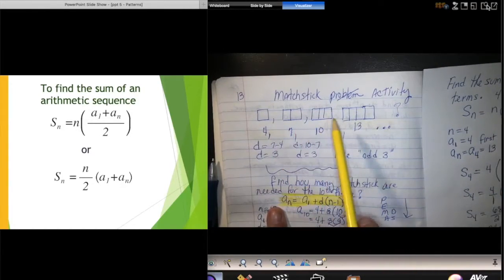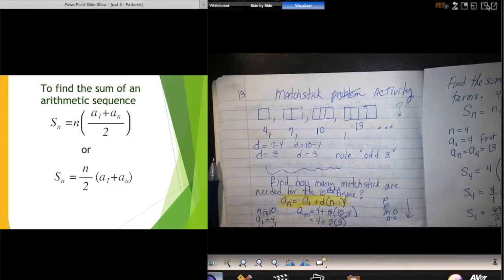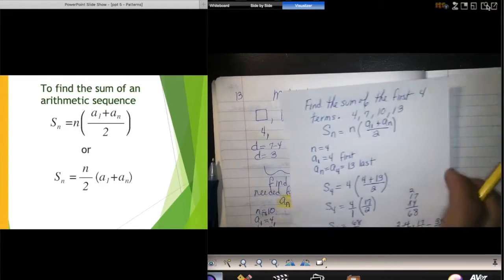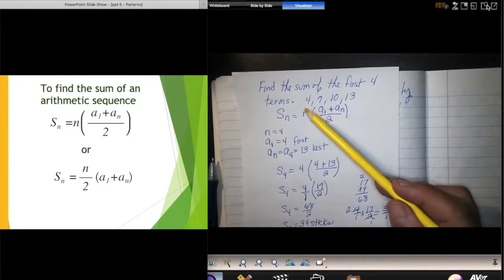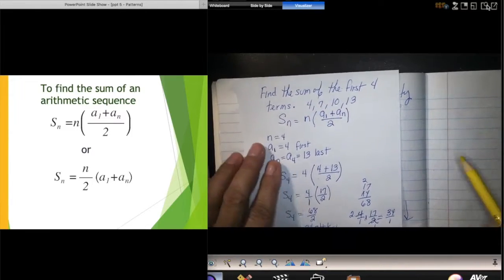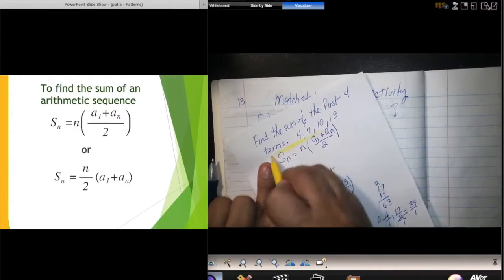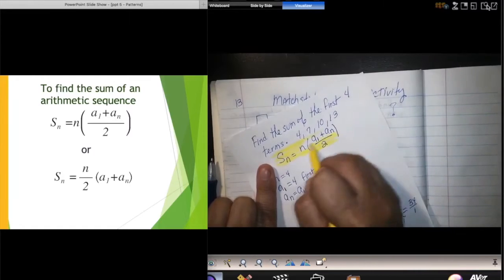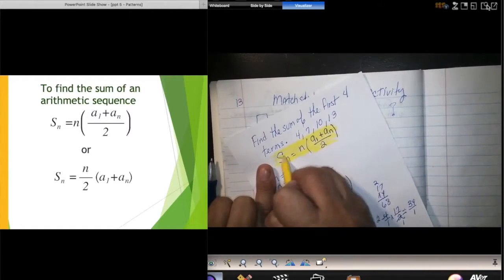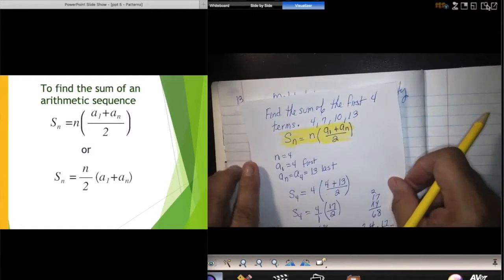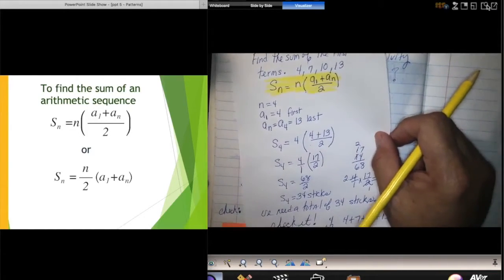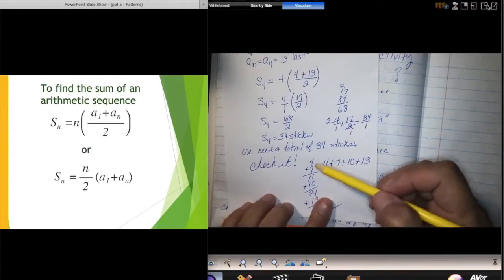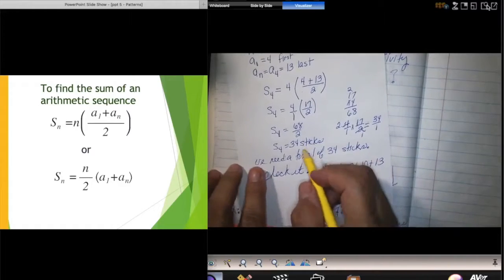If I were to give everybody little sheets of construction paper, how many would I have to put in a baggie? And so now I'm curious, and I want to add 4 plus 7 plus 10 plus 13, and we used this formula. So this is a bonus question. Okay, we worked it out, and it turned out that we needed a total of 34 sticks.